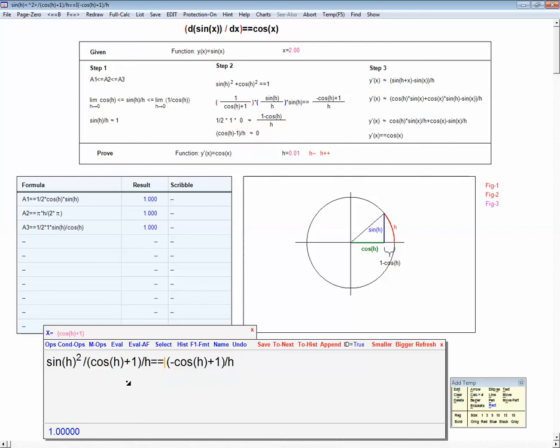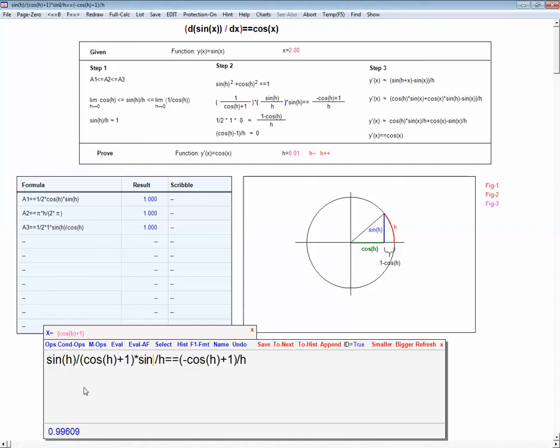Well, I'm going to take this sine of h squared and split out one of those sines of h. So I take it away from there and I put it over here times the sine of h. And now let me group these together so that the program doesn't separate them.